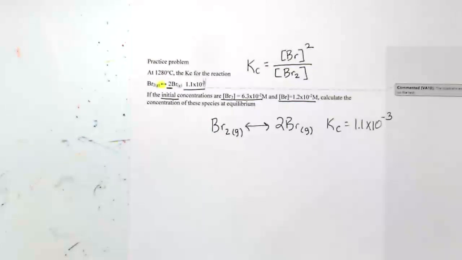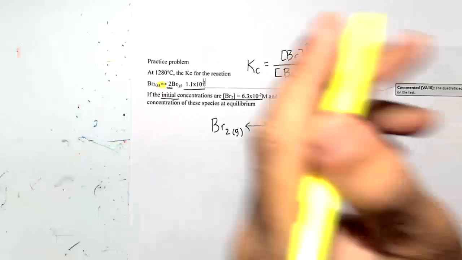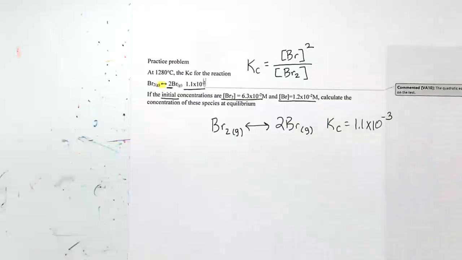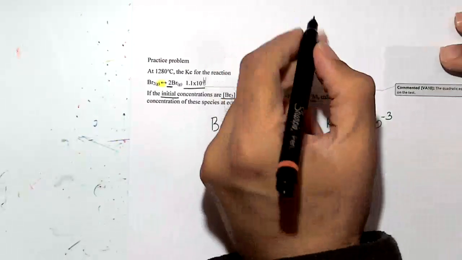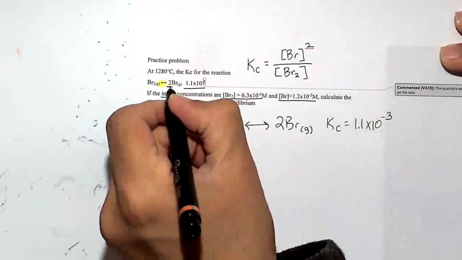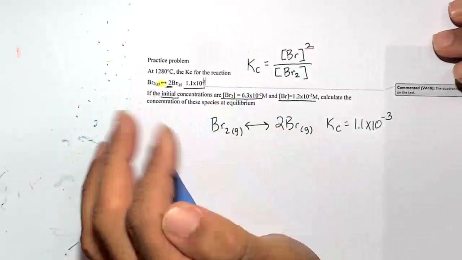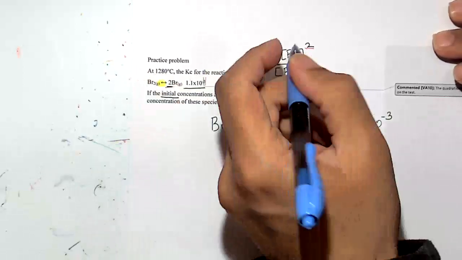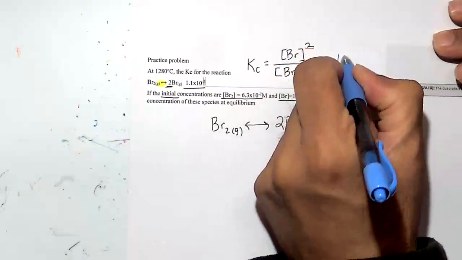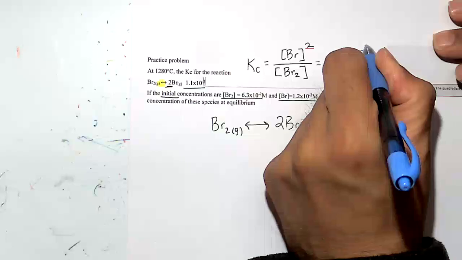Raise it to the 1 power. A lot of students mistake this. Gotta remember this is squared, and the square comes from the 2 coefficient when you balance the equation. This is called the law of mass action.